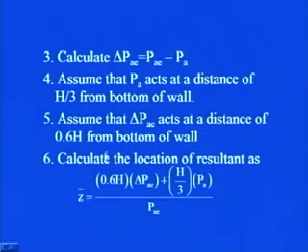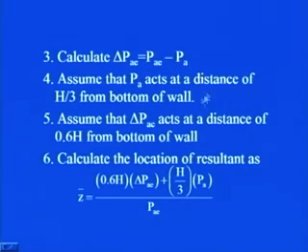Now, what is the third step? Third step is we calculate this delta PAE, which is the difference of the active force in earthquake condition and the active force when the earthquake forces are absent. So, you can calculate this delta PAE by PAE minus PA.